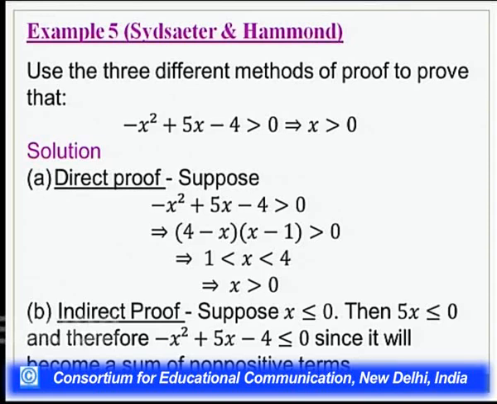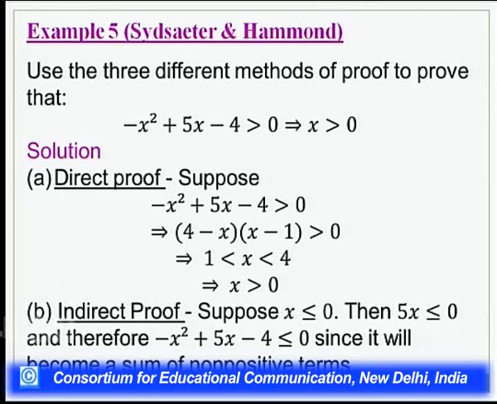Let's look at an example here. Suppose the question asks you to use the three different methods of proof to prove that minus x square plus 5x minus 4 greater than 0 implies that x is a positive number.